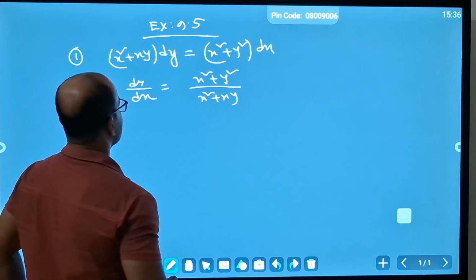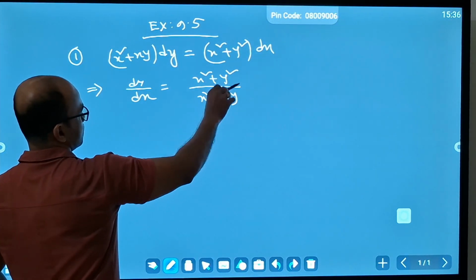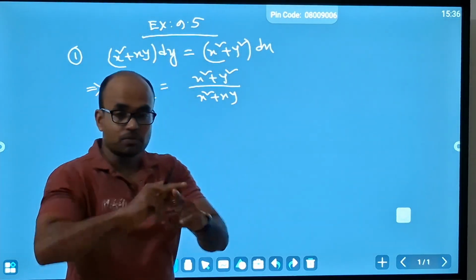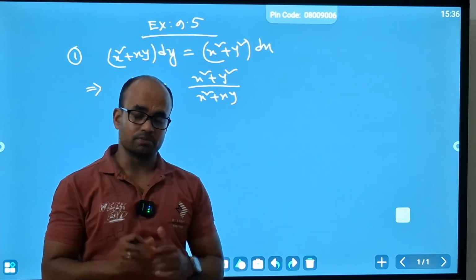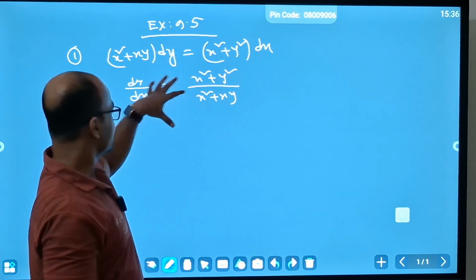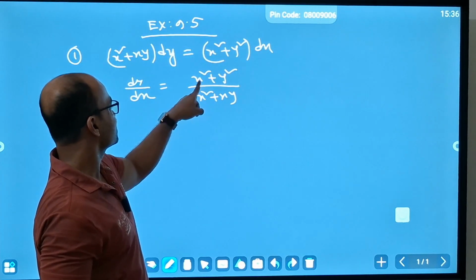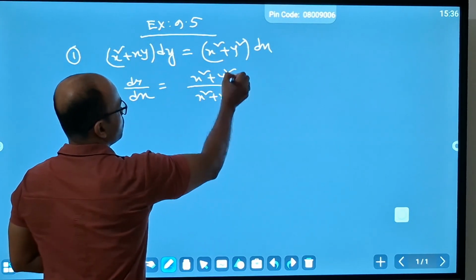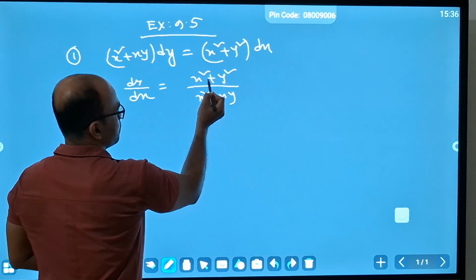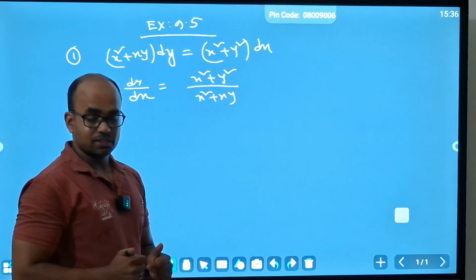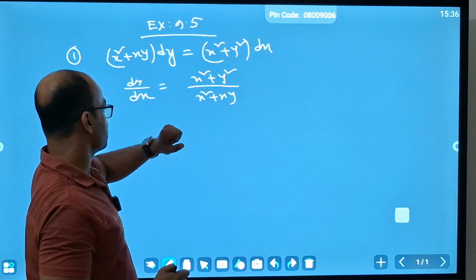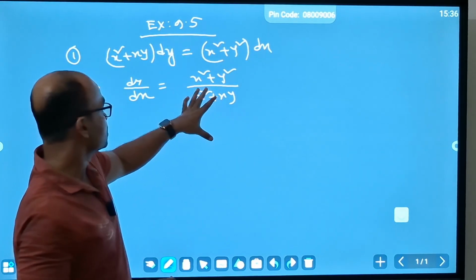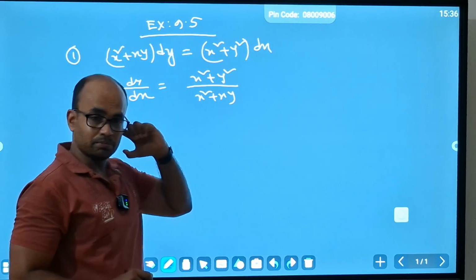Variable separation is not possible, because if x and y are in product or divide form, then we can separate them. But in this case, x square and x and y are in plus or minus form, so we cannot separate them. So the variable separable method is not applicable in this problem.